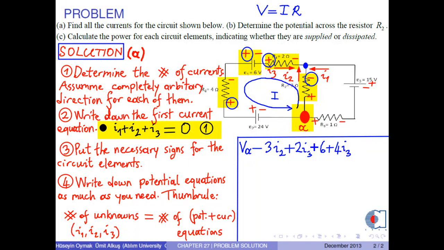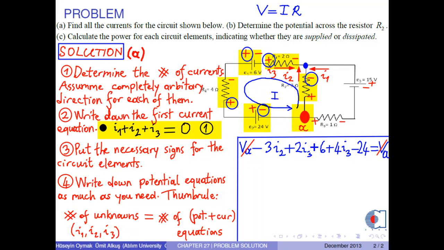For battery 2, the rightmost sign is negative. And the voltage is 24 volts. As a result, we reach the potential at point A after this travel. VAs on both sides cancel each other.